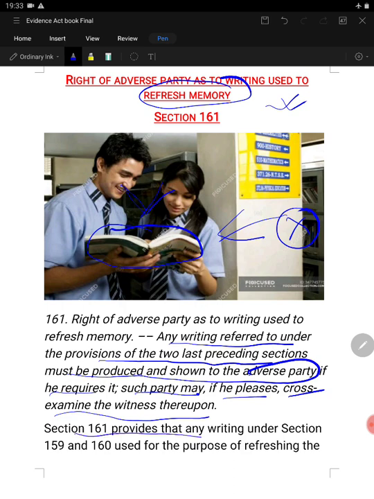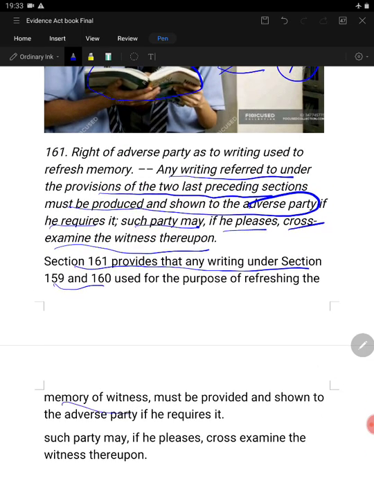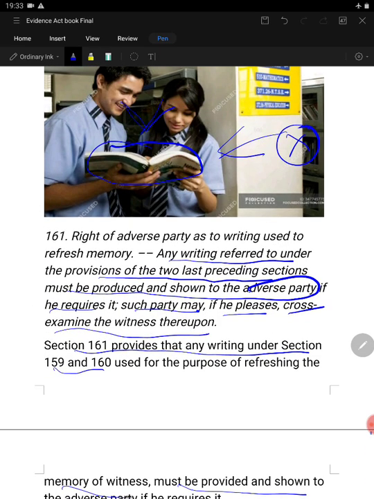So section 161 provides that any writing used under sections 159-160 for the purpose of refreshing the memory of the witness must be provided and shown to the adverse party if he requires it, and such party may cross-examine the witness thereupon.